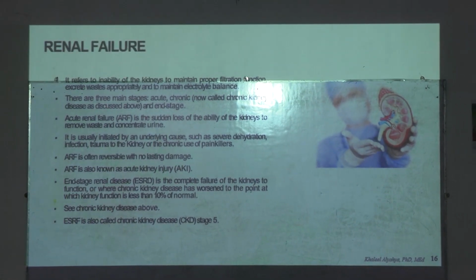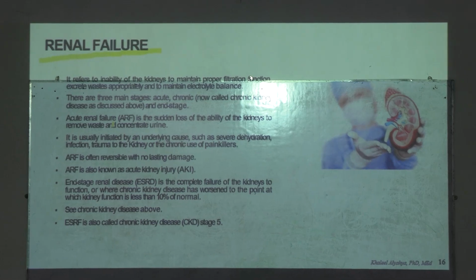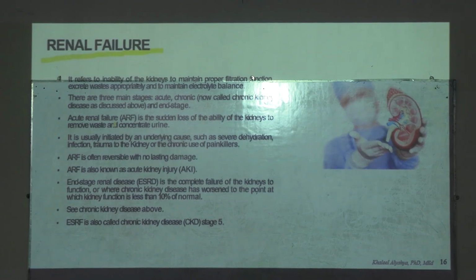So the kidney is affected and cannot perform its function, which is to excrete toxic material. When it cannot excrete, the creatinine becomes very high, and electrolytes cannot pass out, like potassium. So there is increased potassium level in the blood.